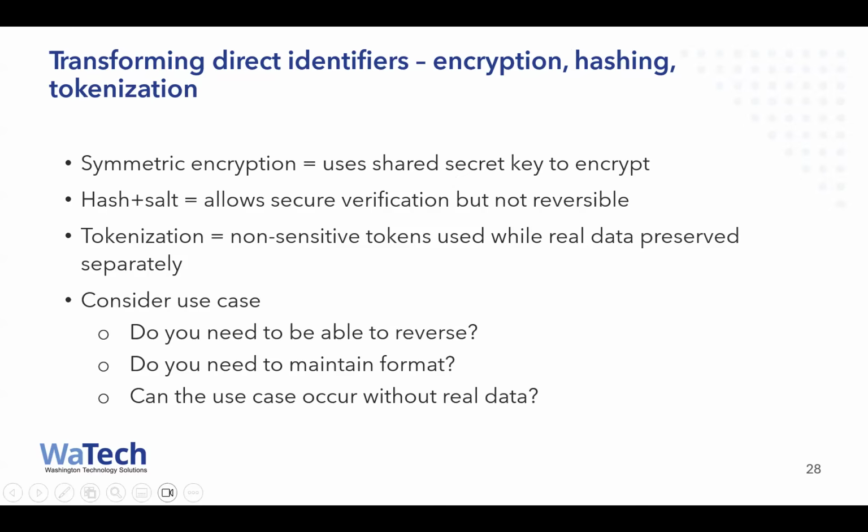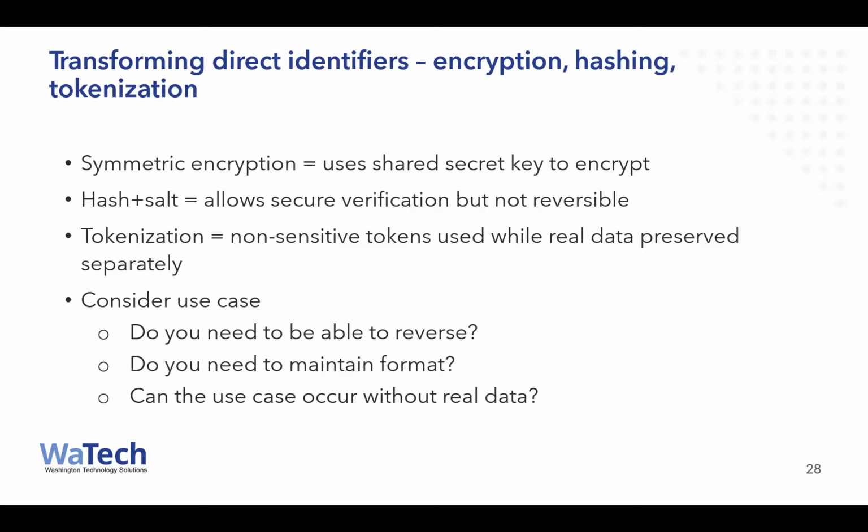And then you have tokenization, which is using tokens as a replacement for real data. This is like the in-between, where the real data still exists, but it is stored separately in a separate place, and those tokens are used in the data set itself. In figuring out which of these you may want to use, you need to always be considering the use case.